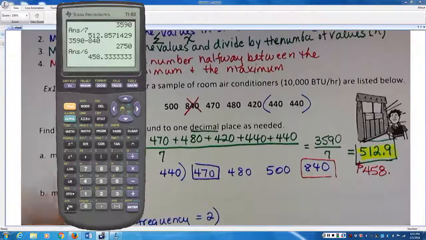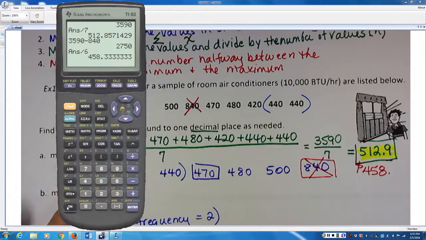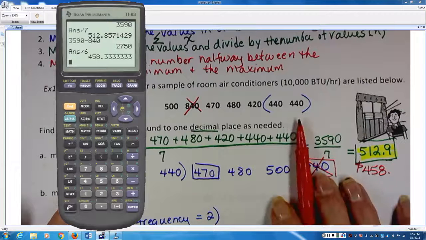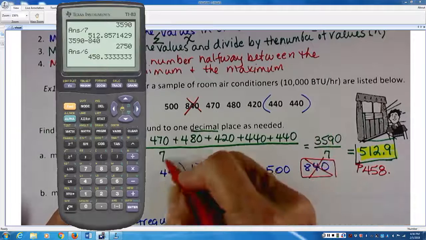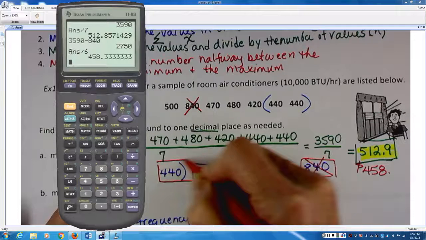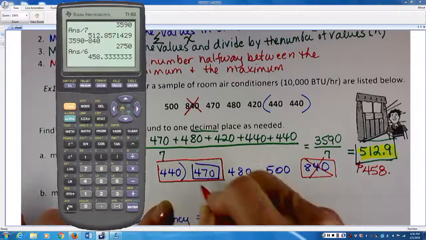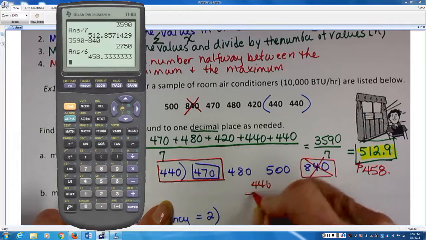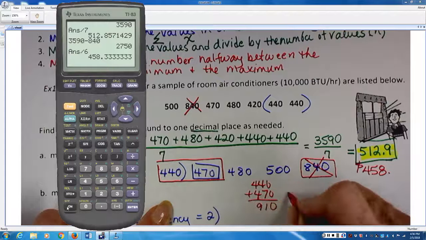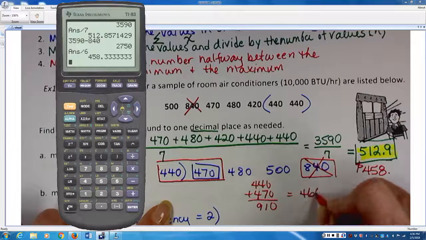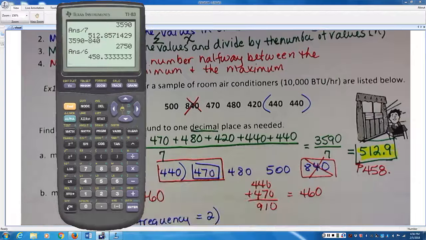If I leave out the $840 when I'm calculating the median, I don't have 7 numbers anymore, I have 6. And the middle 2 numbers are 440 and 470. And the median is now 460.